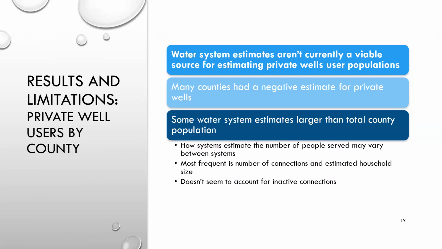So we dug into this a little bit, and it looks like there's not a standard way that systems estimate the number of people served. The most frequent it looked like is using the number of connections and then estimated household size. And this doesn't seem to account for inactive connections, so it's an overestimate of the number of users.